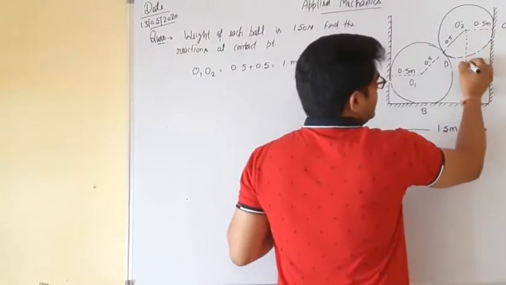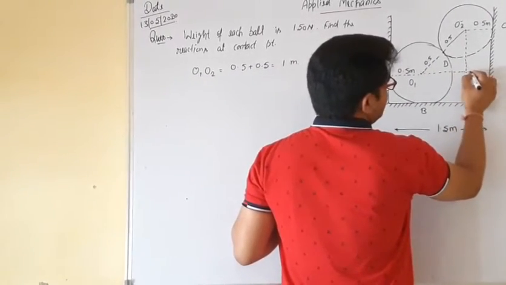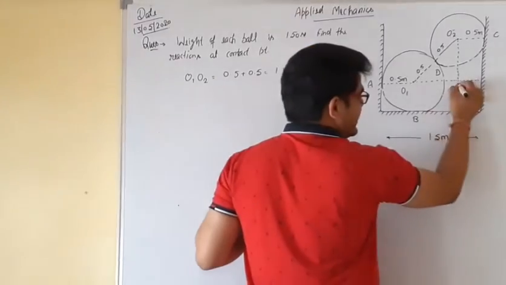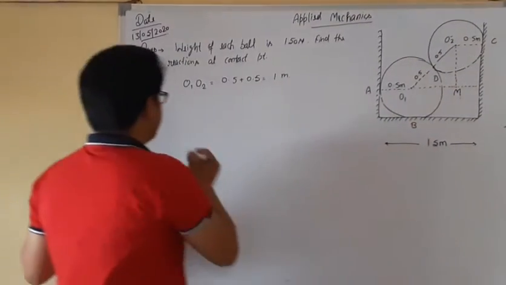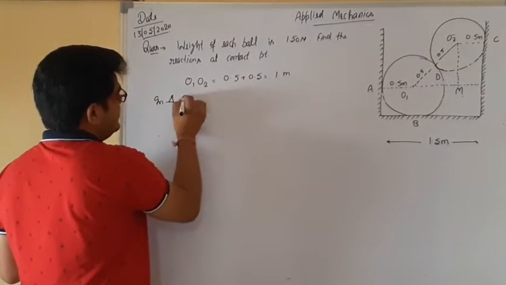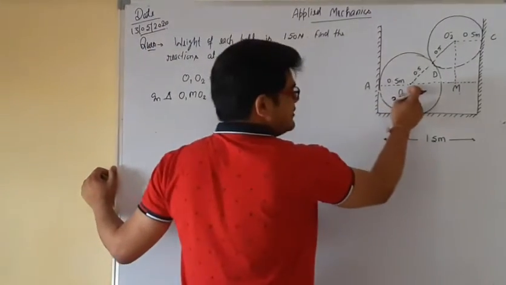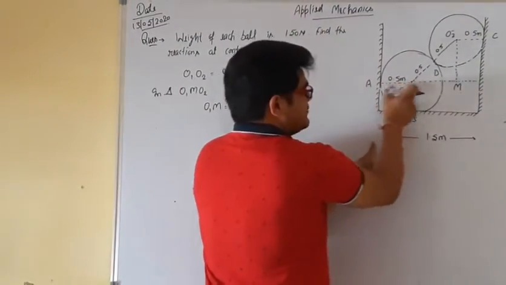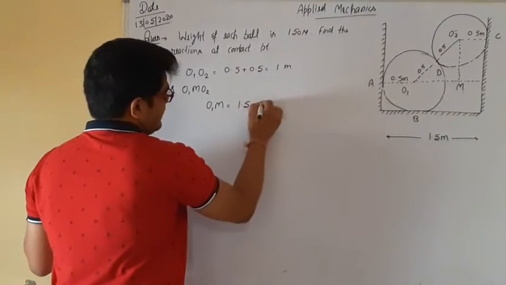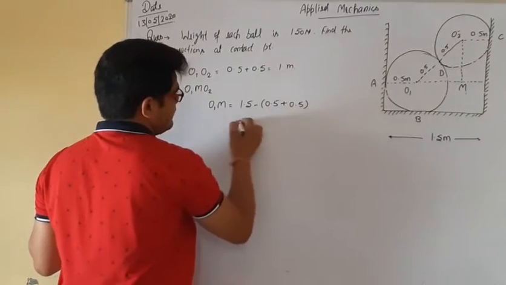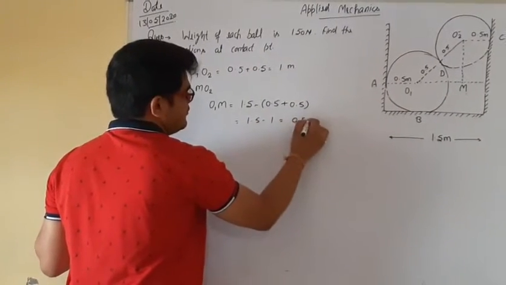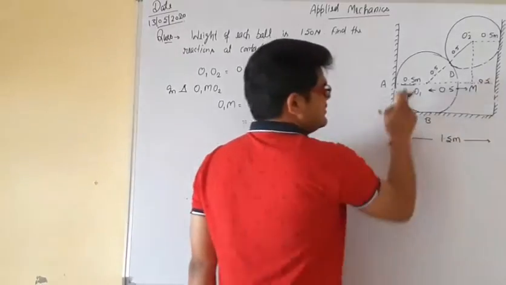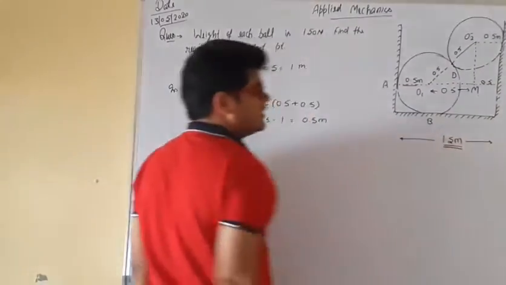Now make a rectangle in which this distance is equal to the radius and this distance is equal to the radius, and this point is M. So in triangle O1MO2, the distance O1M is 1.5 minus 0.5 minus 0.5, which equals 0.5 meter.